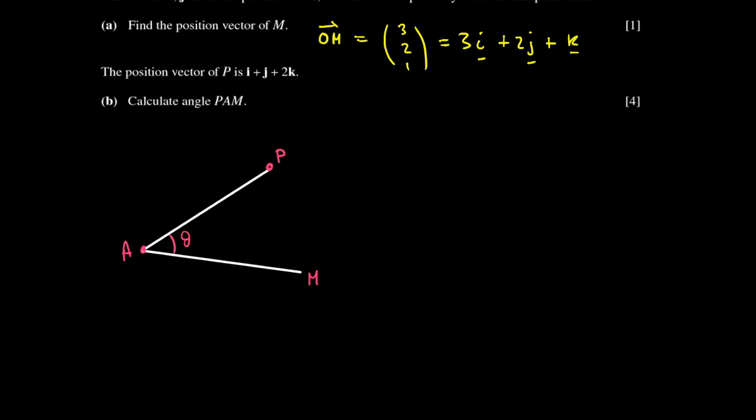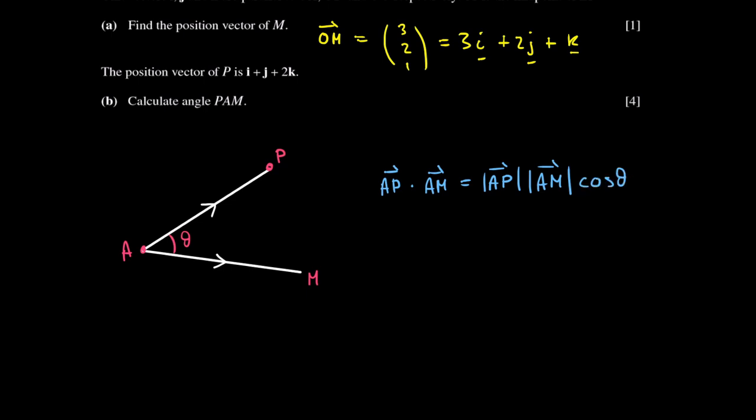Now, how do I find the angle there? Well, I can use a vector relationship, because if I find the scalar product of the vector AP with the vector AM, then I can exploit the following formula. I know that AP dot AM is going to equal the magnitude of AP times the magnitude of AM times the cosine of the angle between them, right?